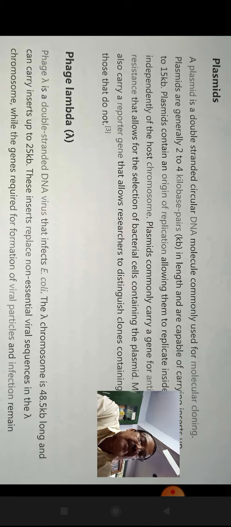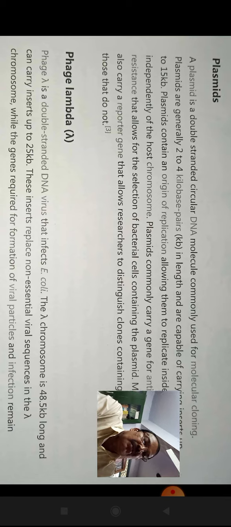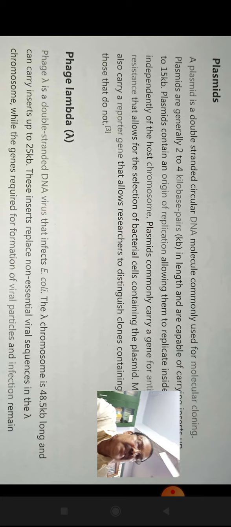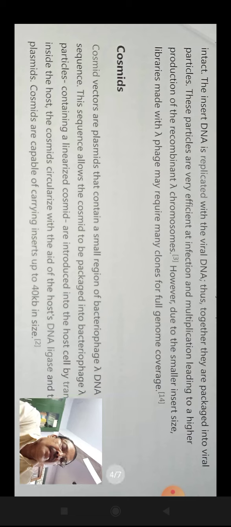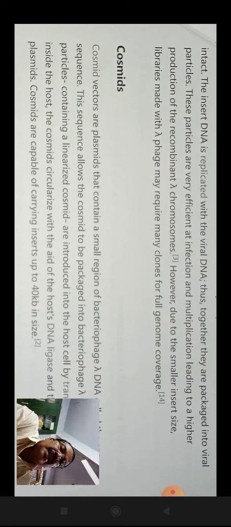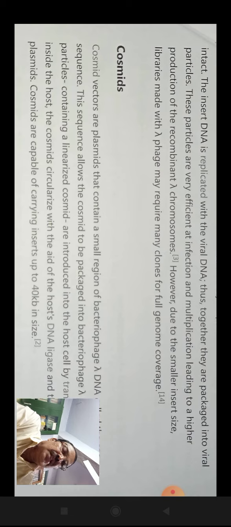These inserts replace nonessential viral sequences in the phage lambda chromosome, while the genes required for formation of viral particles and infection remain intact. The insert DNA is replicated with the viral DNA, thus, together they are packaged into the viral particles.